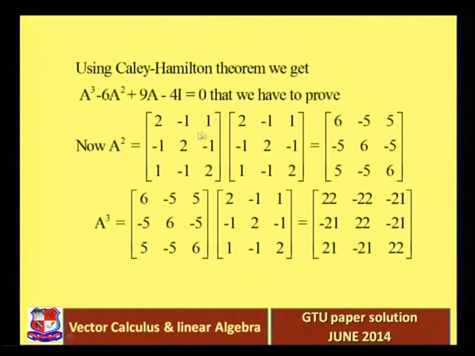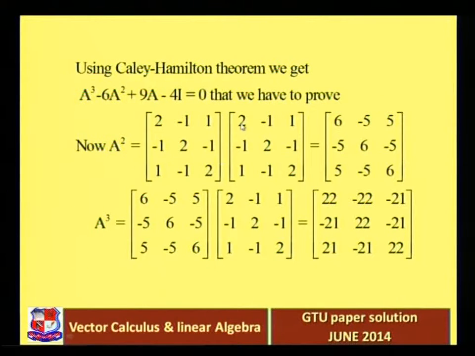Then first row multiplied with the second column of the second matrix: minus 2, minus 2, minus 4, minus 1, so minus 5. Then multiply with the third column: 2 into 1 is 2, plus 1 is 3, plus 2 is 5.